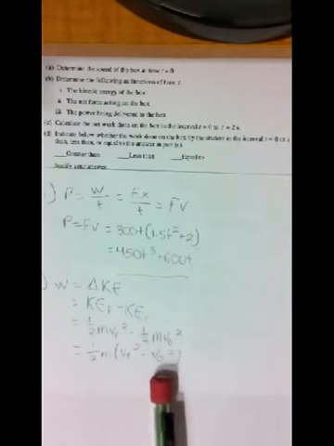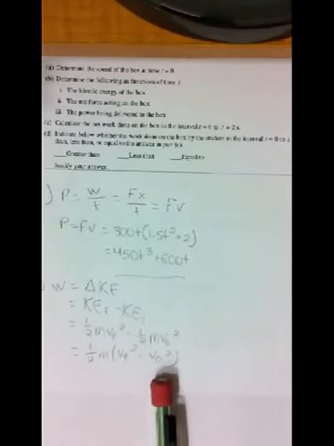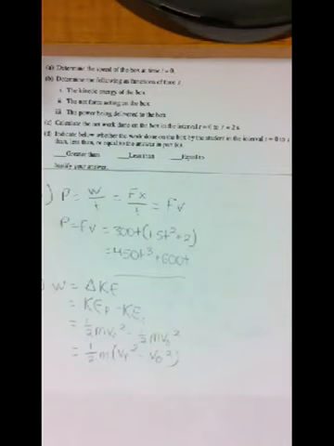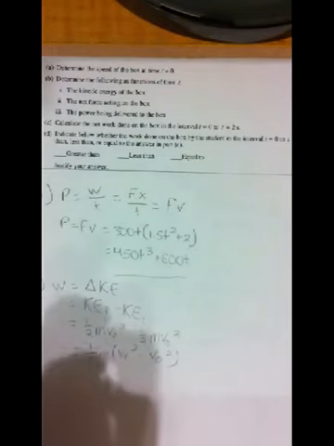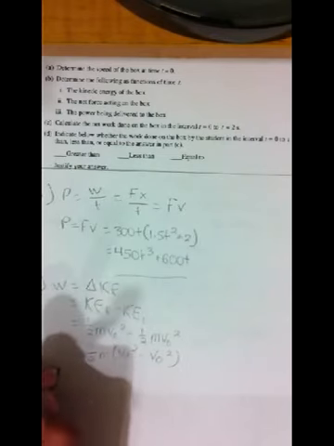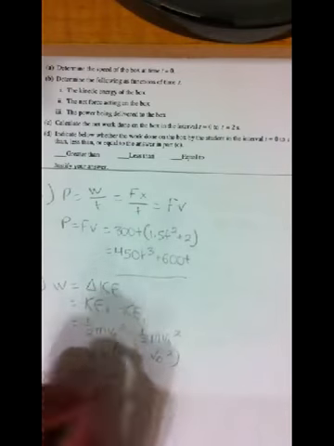Well, we know what the velocity initial at 0 seconds was from part A, but we need to find what the velocity is at 2 seconds. So we can do that by substituting in the variables to what we had as the previous question. So velocity equals 1.5 t squared plus 2.